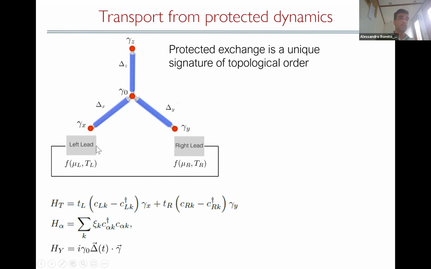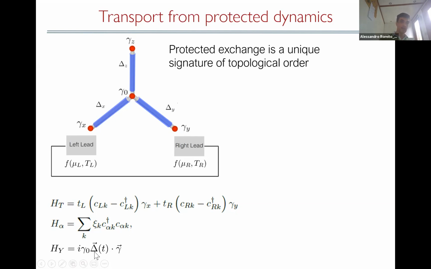So the Hamiltonian is rather simple. There is, of course, the coupling between the system and the leads, which is a standard coupling, and the leads are treated as free fermionic systems. Now, due to the Majorana existing at the edge of the system, the standard coupling between the fermions in the lead and the Majorana is constrained to take this specific form. And gamma X and gamma Y are the two Majorana which are coupled to the leads.